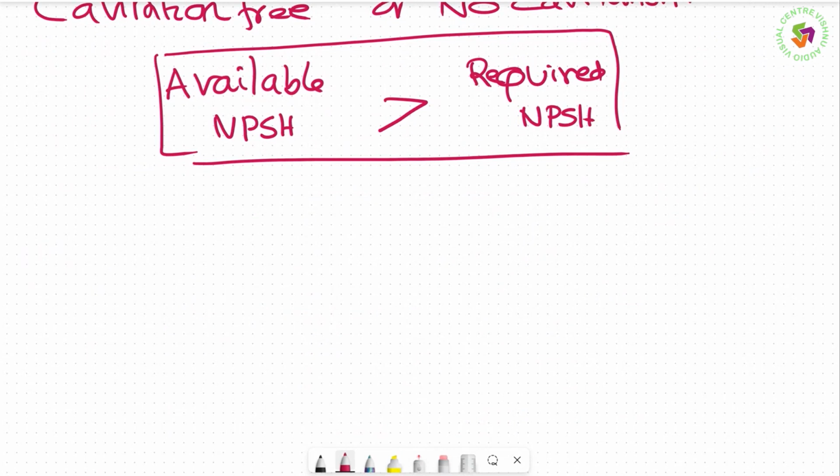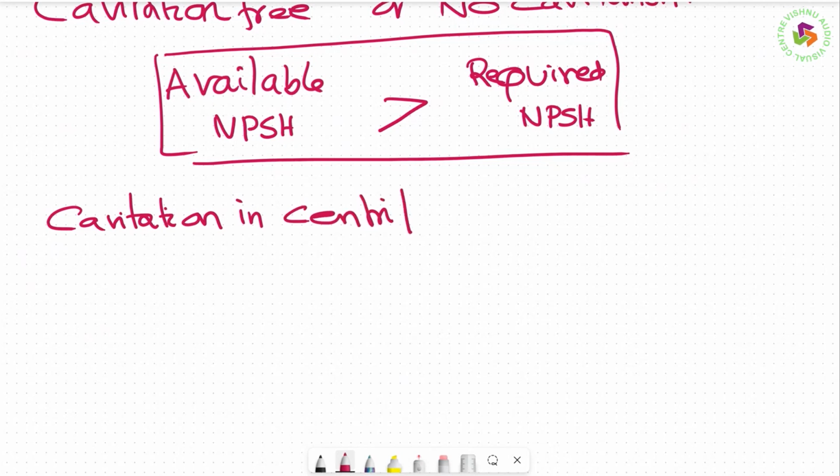So this is the second topic. And the last topic is cavitation in centrifugal pumps. Just as a reminder, what is cavitation? When the pressure at any point in the flow reduces to the vapor pressure of the flowing fluid, vaporization starts.